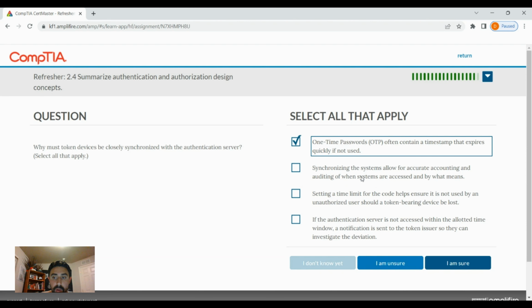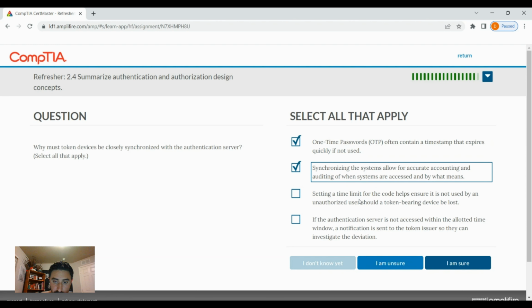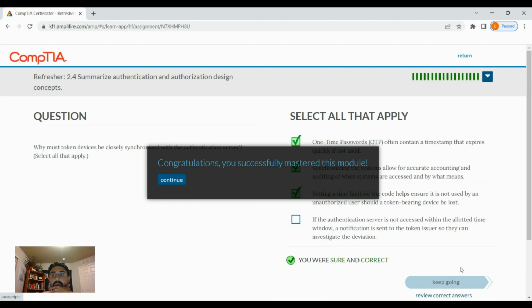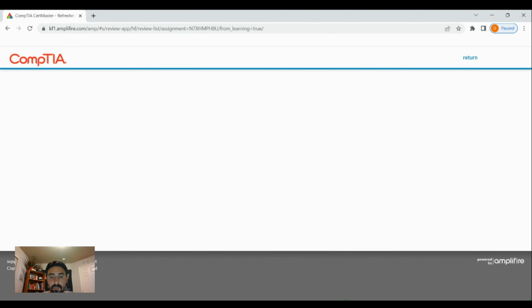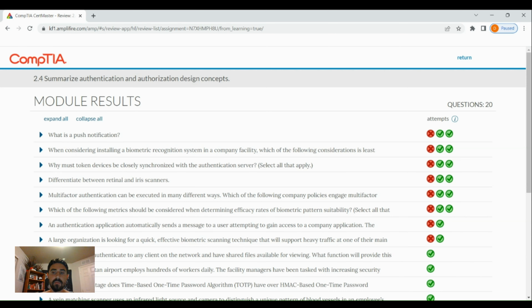One-time, synchronizing, and setting a time limit. Let's do it. Let's run it. Perfect. All right. Let's see how it went. Right. Cool. Not too bad.